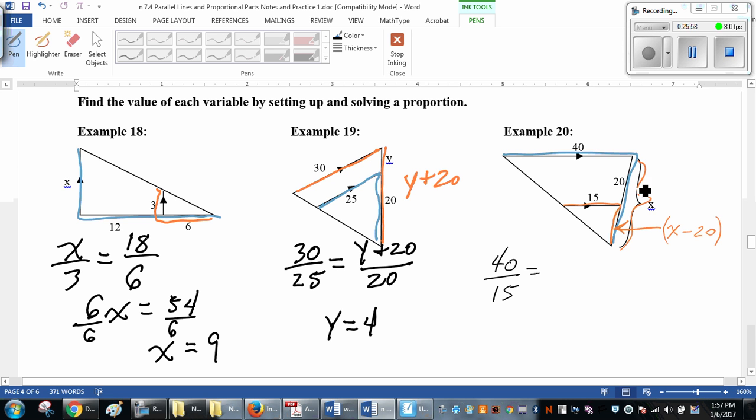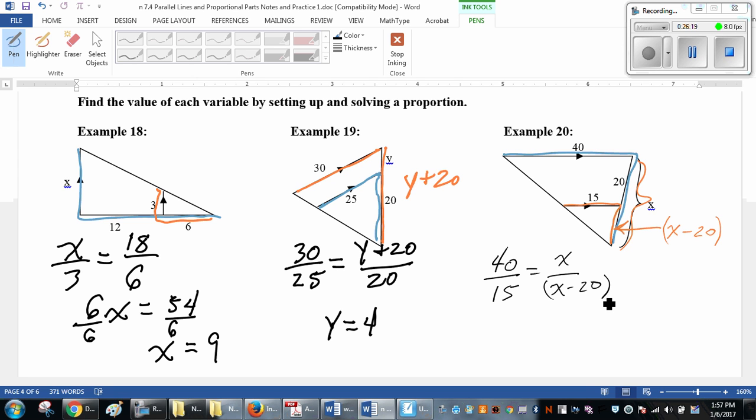The whole side of the big triangle is not 20, it's x. The whole side of the small triangle, we made that expression x minus 20. There's our proportion. Now we can cross multiply, put this in parentheses, and solve. Pause it.